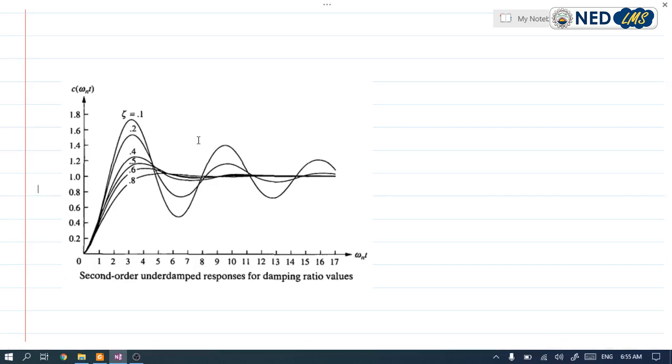Up till now we have defined two parameters associated with second order systems, that are zeta and omega n. Now we will discuss other parameters associated with the underdamped response, that are rise time, peak time, percent overshoot, and settling time.